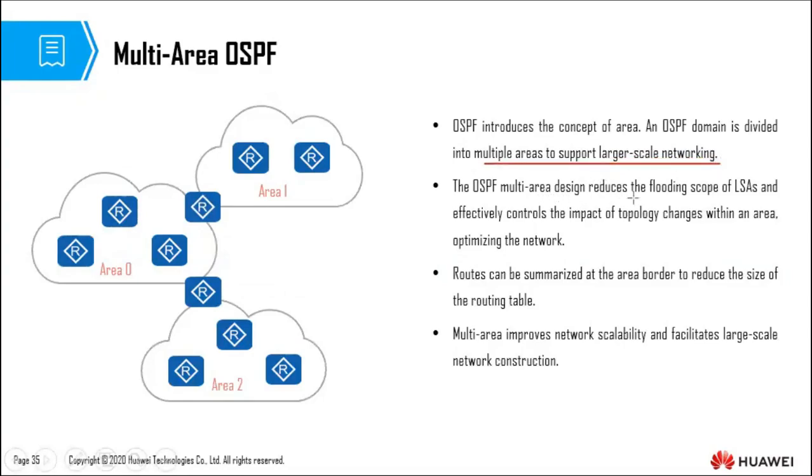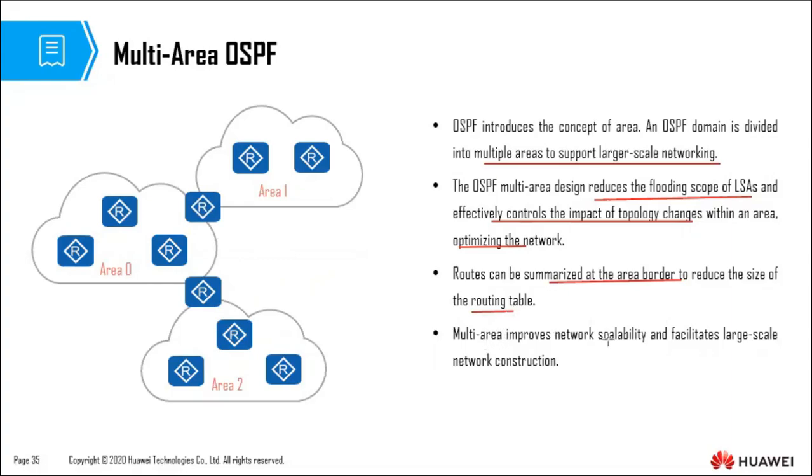So multi-area design reduces the flooding scope of LSAs, because you can only flood LSAs within a single area. It can't go outside your area. This effectively controls the impact of topology changes within the area, thereby optimizing the network. Routes can be summarized at the area border to reduce the size of the routing table.